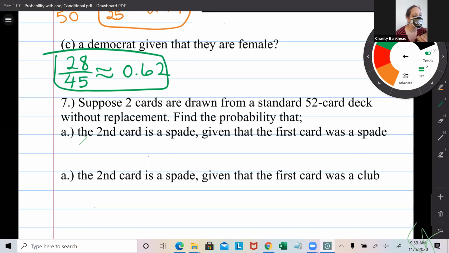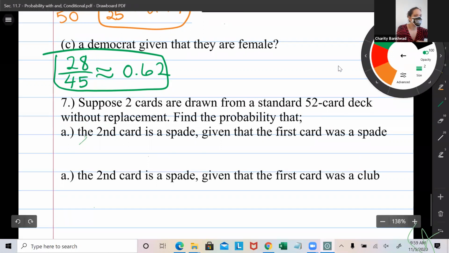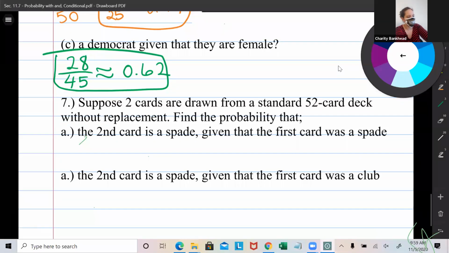So now knowing that, what is the probability that the second card is also a spade? Okay, so after I take that one spade out, there's now 12 spades left in the deck of 51 cards because I've got that one spade already in my hand. And that can reduce to 4/17.